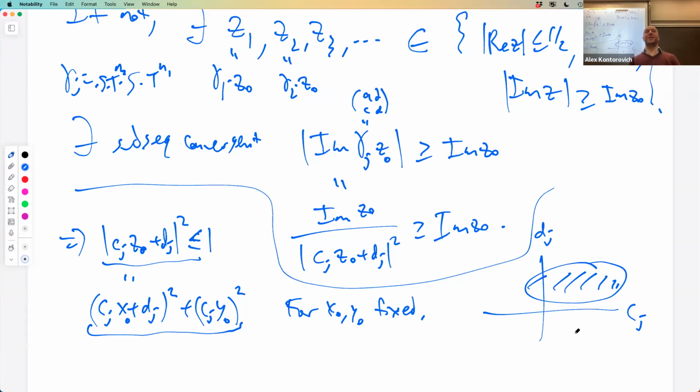How many integer points can this ellipse have? Finitely many. So this infinite sequence has only finitely many possible bottom rows.